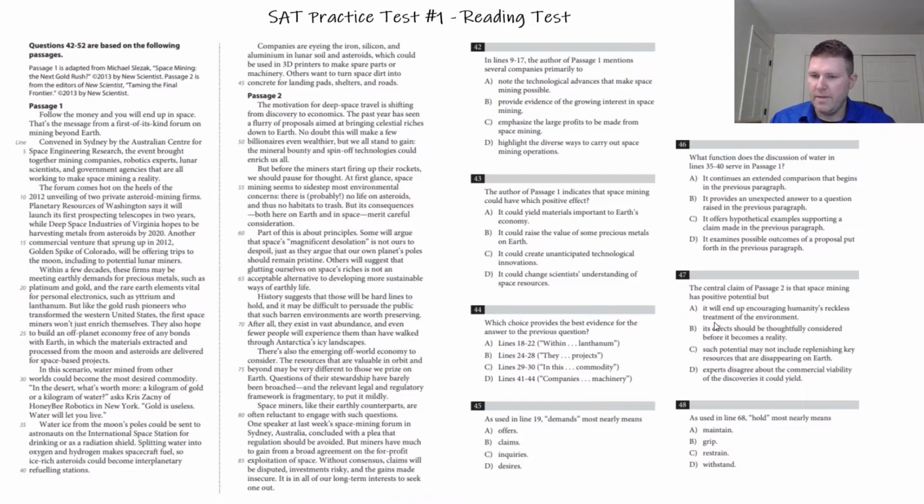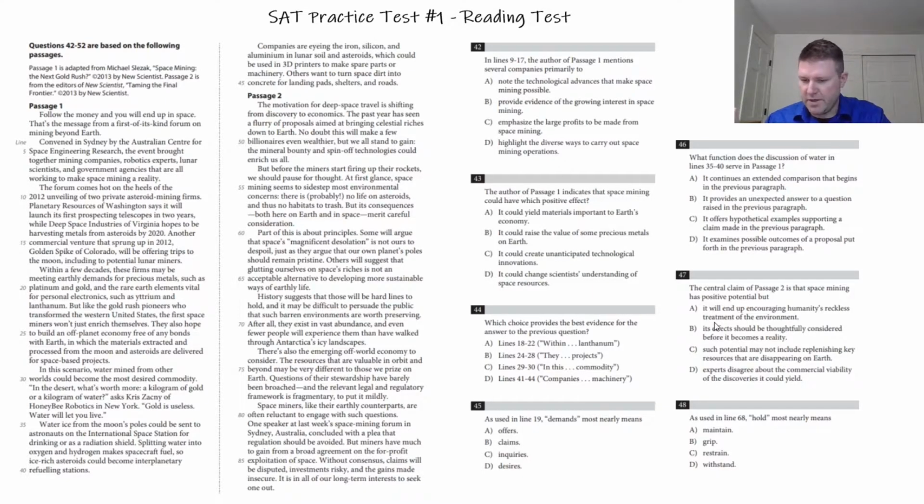So what really helps, I found, before even going into the questions, is to summarize what each author believes in a really quick statement after reading, right? So when you read passage 1, you're like, okay, this guy is basically saying a ton of companies are exploring the possibility of mining in space, right?